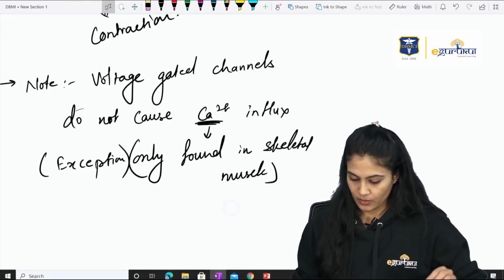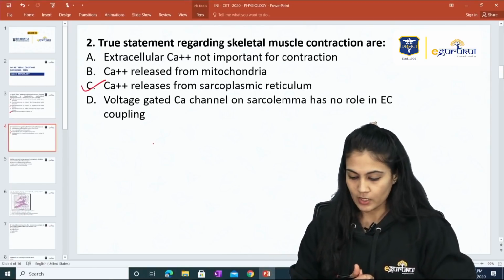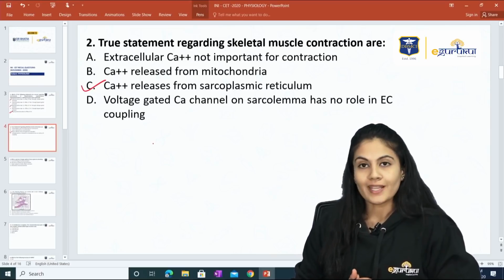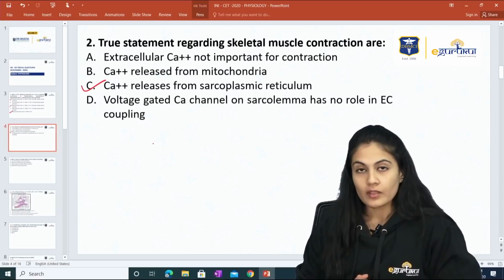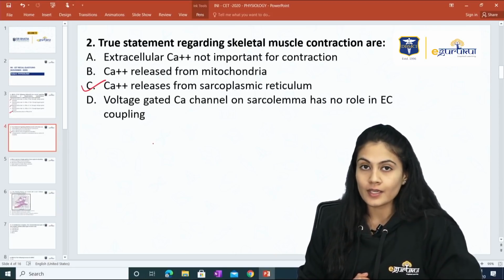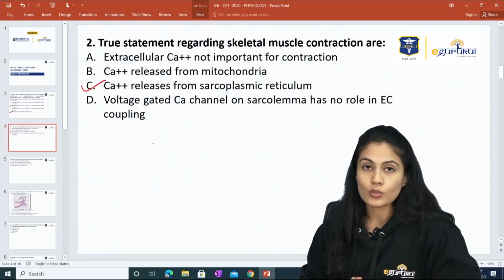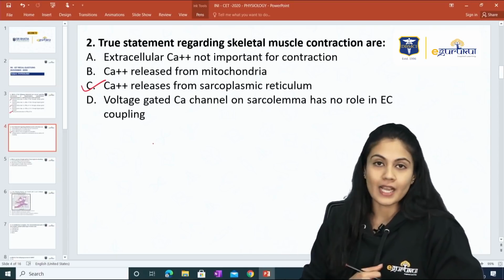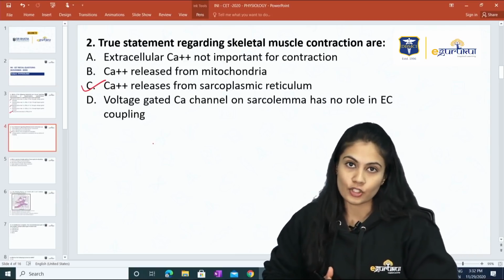Okay, so the answer of this question is obviously sarcoplasmic reticulum. Option A is extracellular calcium is not important for contraction. No, there will be changes as the gradient is present, right? Why? Because if hypocalcemia is there, the calcium is not able to come inside, so there will definitely be an effect on excitation contraction.